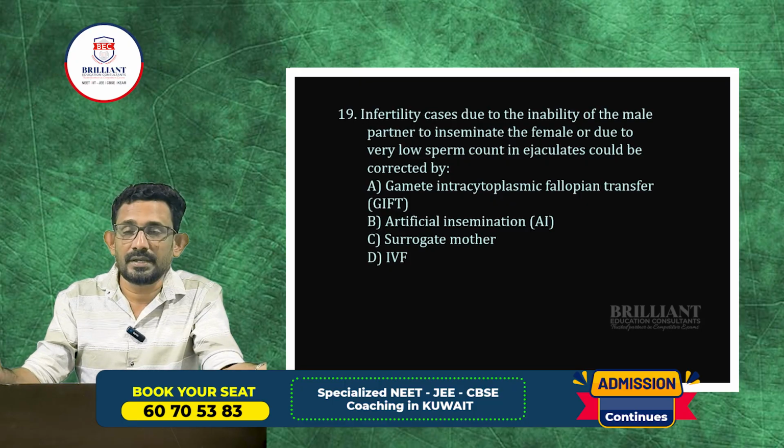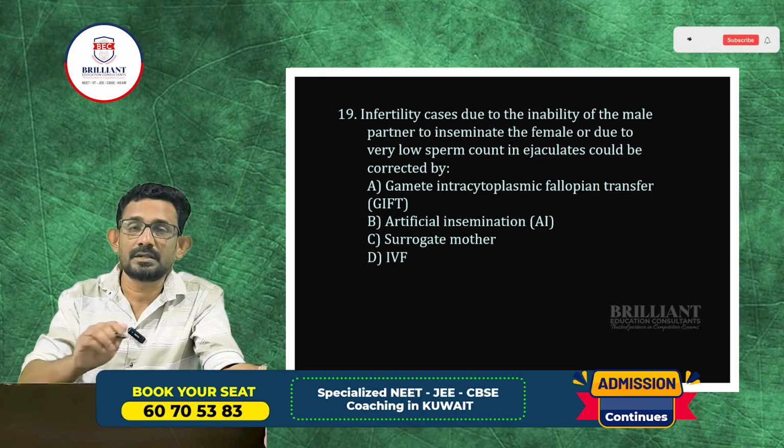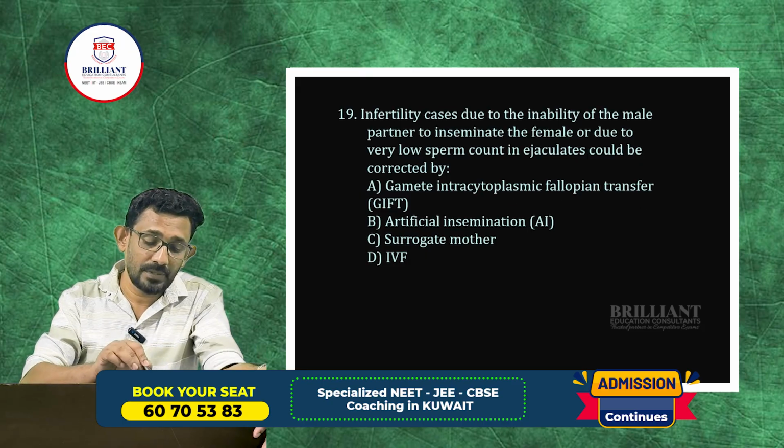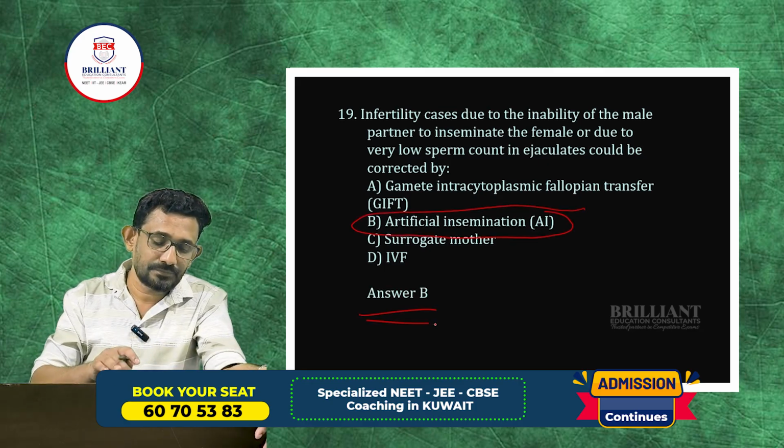In these two conditions, the only possibility is artificial insemination. So here gamete intracytoplasmic fallopian transfer is there, artificial insemination is there, surrogate mother is there, IVF is there. So here option B, artificial insemination, is the correct answer.